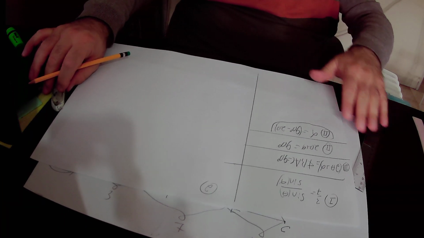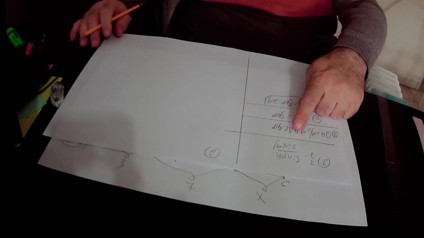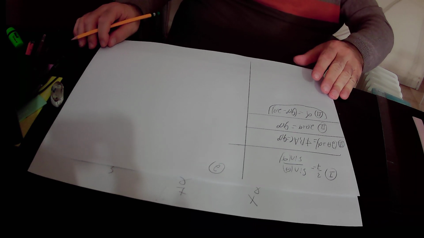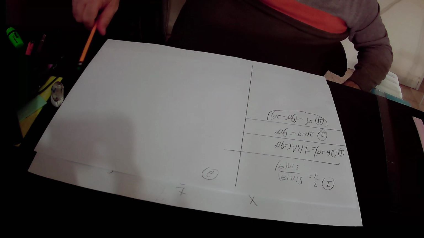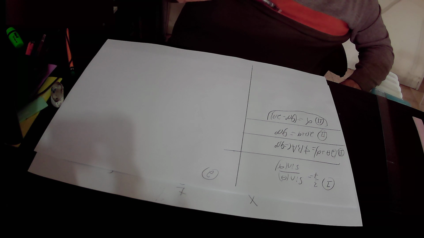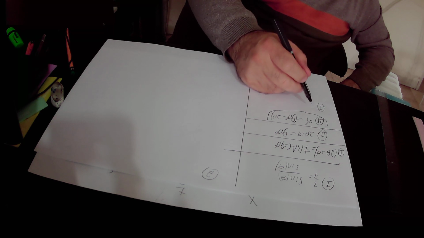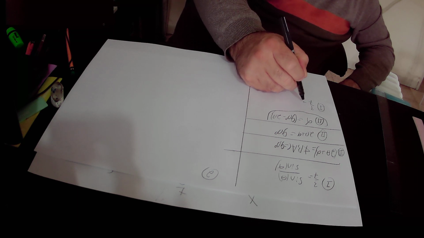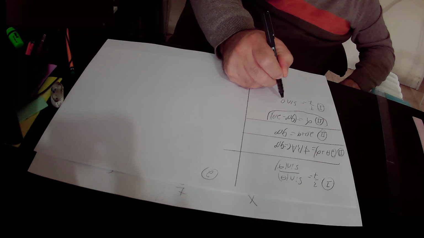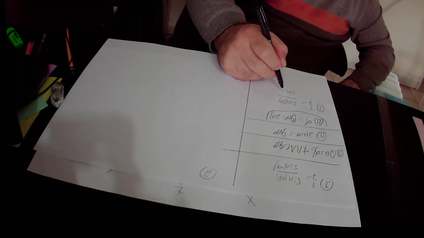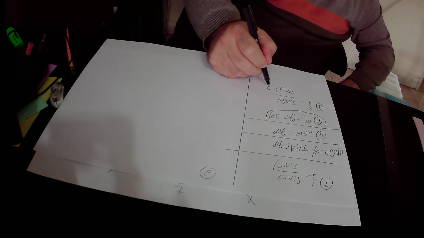Therefore, we can substitute alpha in equation number 1 by 90 degrees minus 2 theta from equation number 2. We get that 3 over 7 equals sine theta over sine alpha, where alpha equals 90 degrees minus 2 theta.